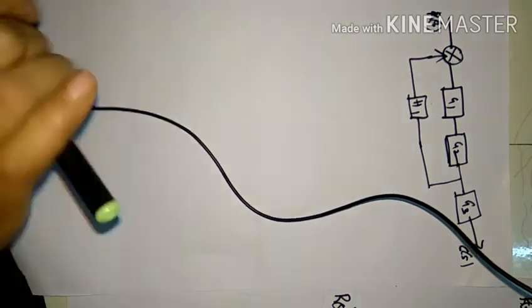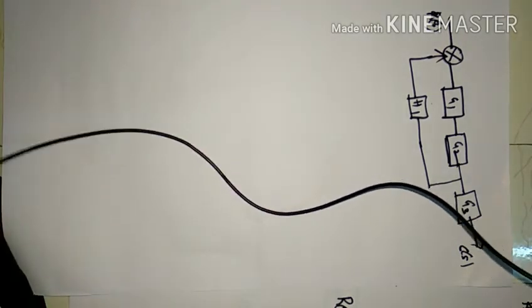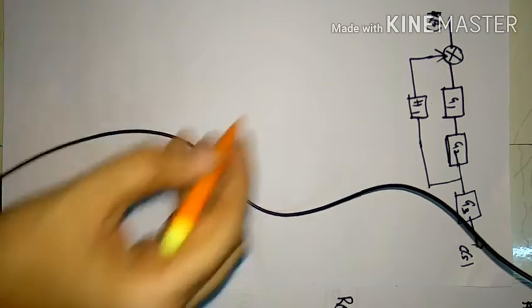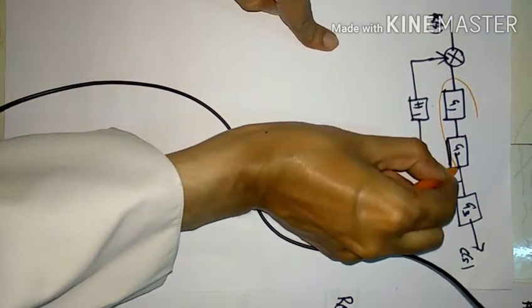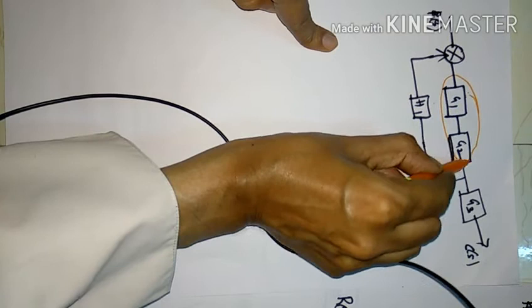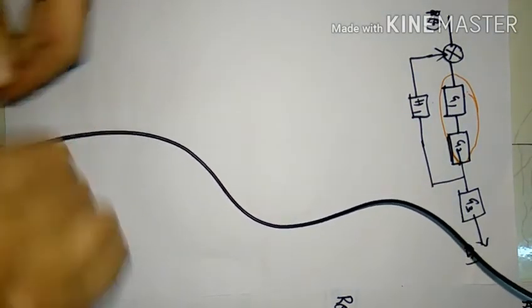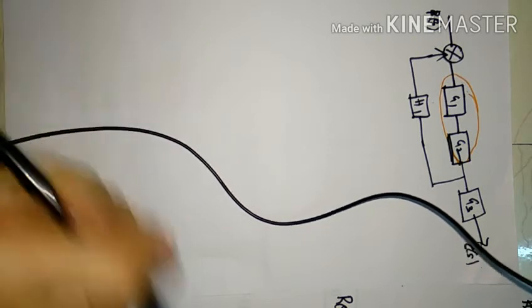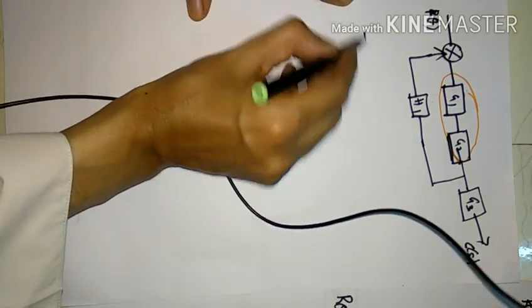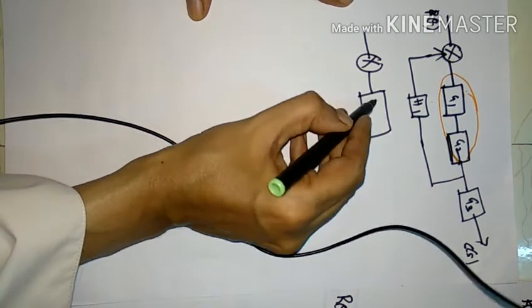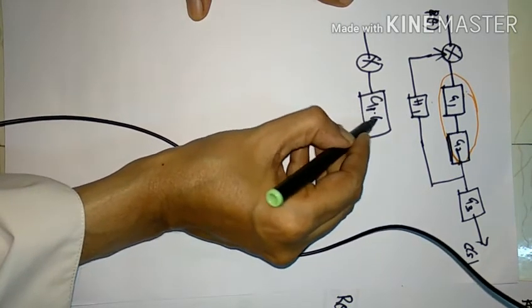Now how to solve this diagram? That is very important. For solving this diagram, first we need to apply various rules. The first rule is the series rule. So G1 and G2 are in series, therefore the diagram will be converted like this. Same summing point, this will be converted into G1 multiplied by G2.